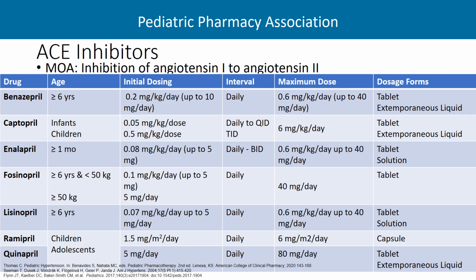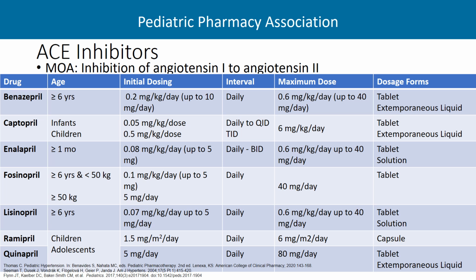First up, we have ACE inhibitors. Essentially, they work by inhibiting the conversion of angiotensin 1 to angiotensin 2 at the ACE enzyme, ultimately resulting in decreased systemic vascular resistance to drop blood pressure, and prolonging the half-life of the vasodilator bradykinin by inhibiting its metabolism.